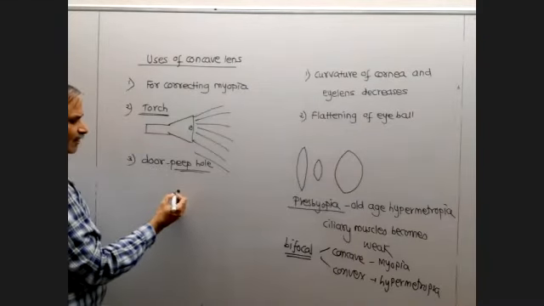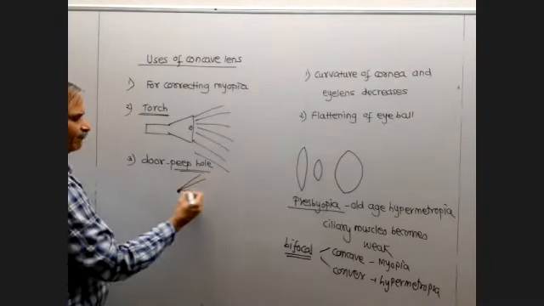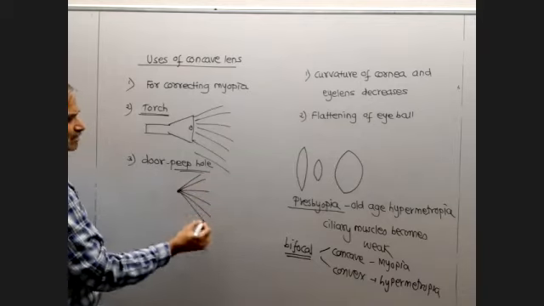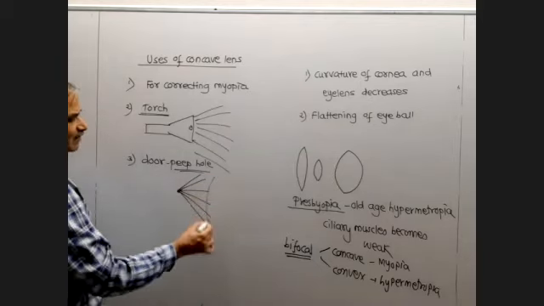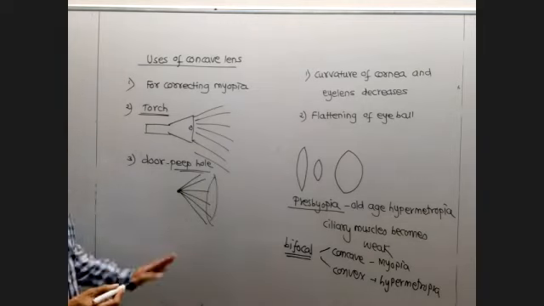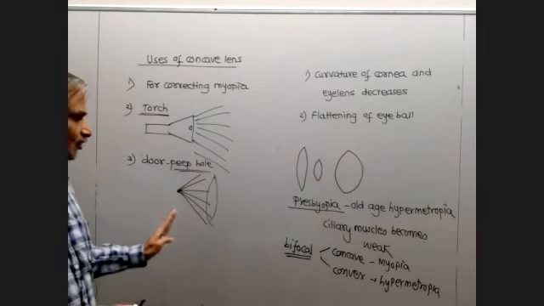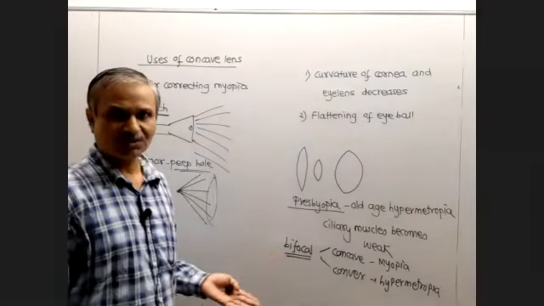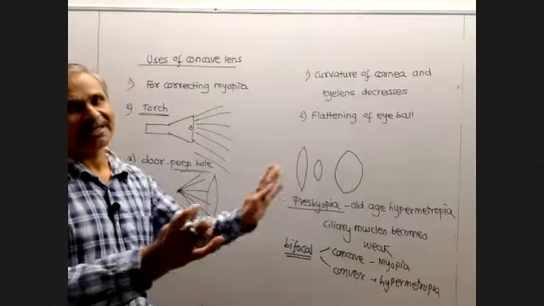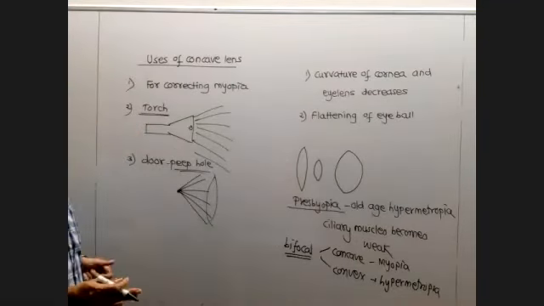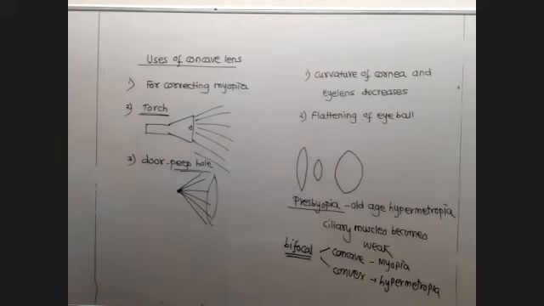Suppose we are inside, then we will be able to see what is going on outside over a wide range, and if we recognize any person, only then we will open the door, otherwise we will not open the door. So a wide range of the area can be covered if the concave lens is used there.